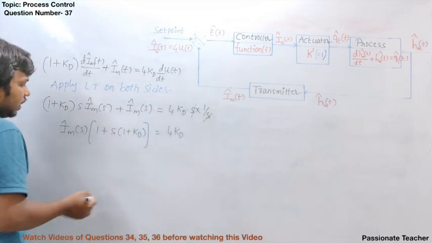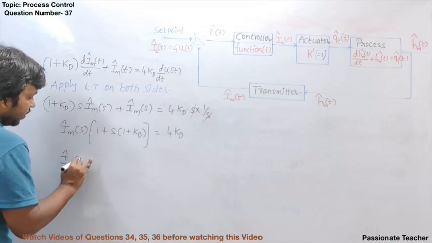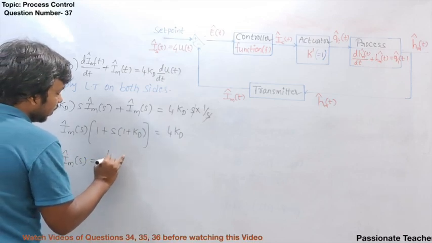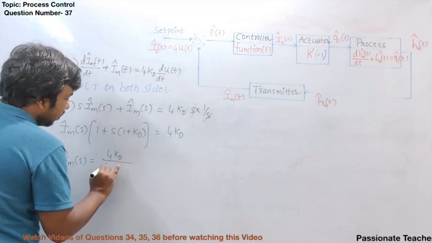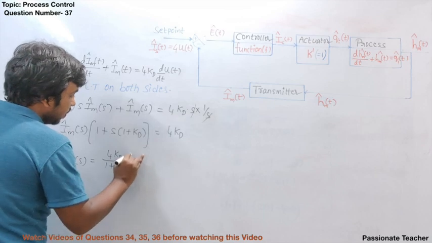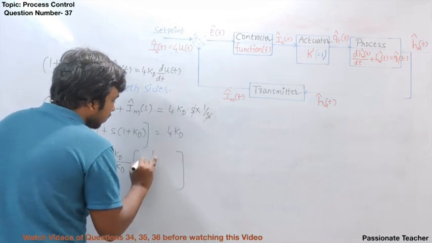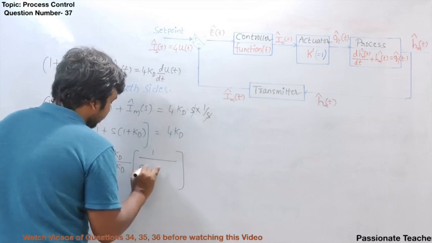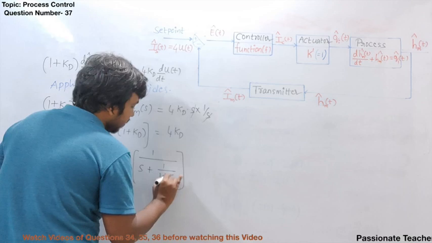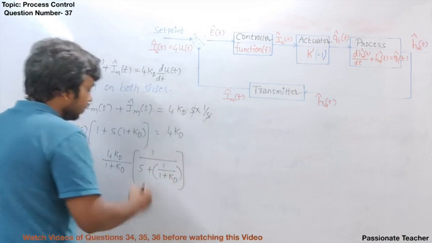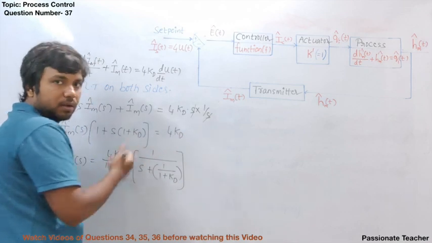From here we can write Im cap of s is equal to 4 times of kd by (1 plus kd) whole into (1 by s plus 1 by (1 plus kd)). Clear? This is what we get if you take this factor and after taking the commons.